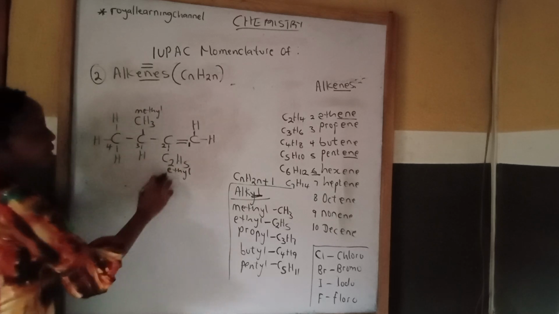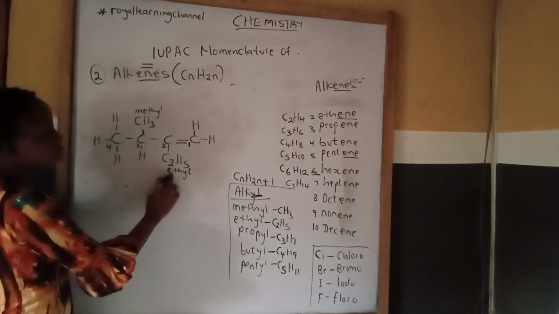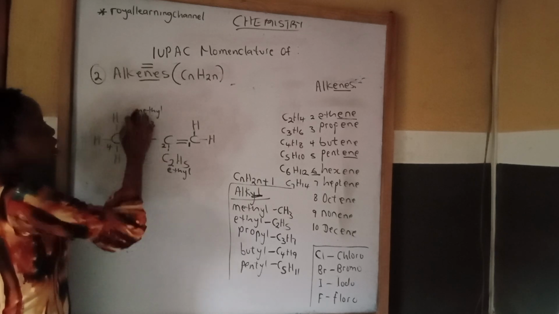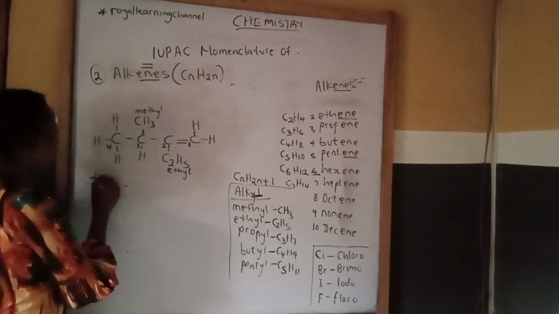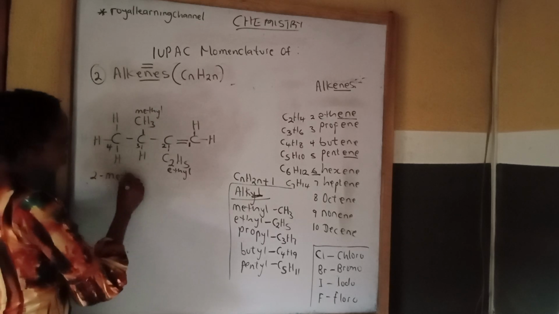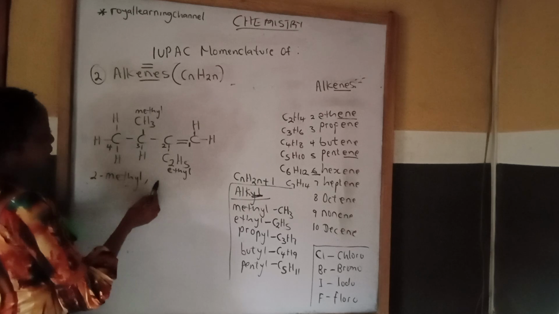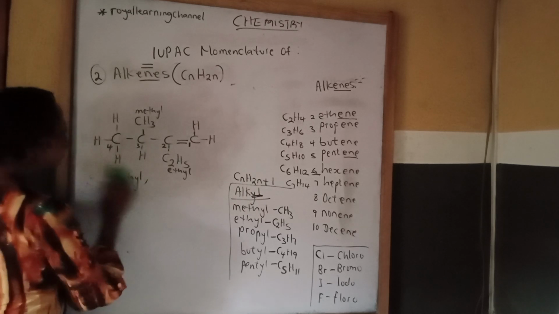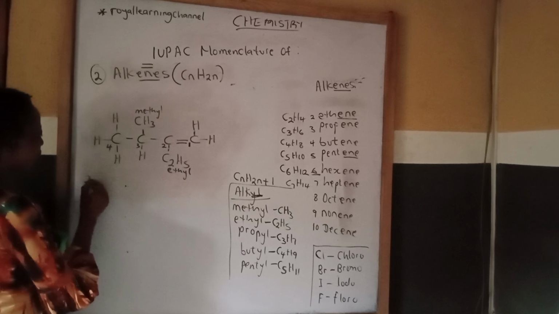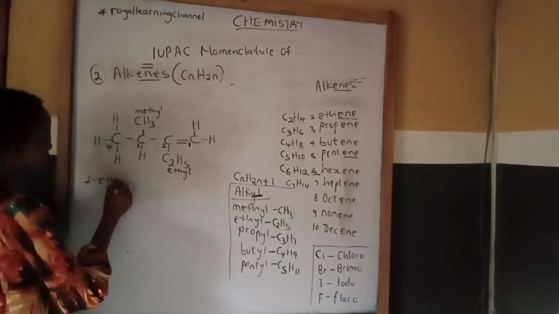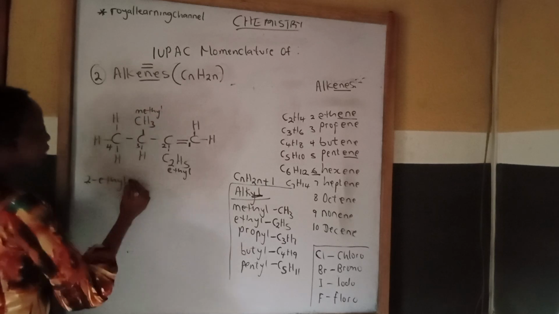So you name alphabetically. The one that will come first is ethyl. Alphabetically, E will come before M. So ethyl is on the second carbon atom. That will be 2-ethyl. Then methyl is on the third carbon atom.